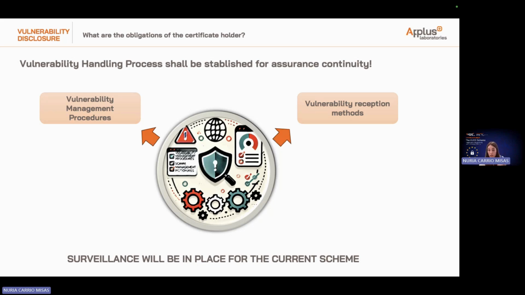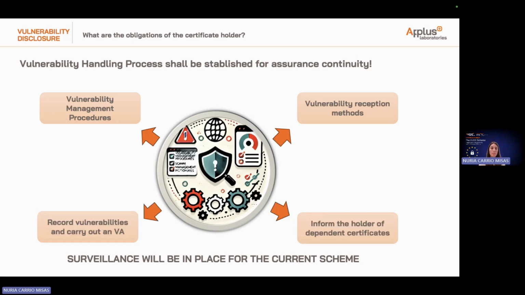That means you need contact points, ways for third parties to provide you information from outside, to receive information about vulnerabilities of your product, that you can then analyze and check whether it's critical or not critical, and evaluate its impact. You need to record the vulnerabilities and carry out a vulnerability assessment. That means you need to analyze the impact of that vulnerability and record all of them, as well as the actions that you take.